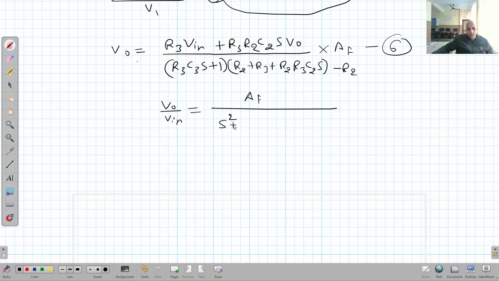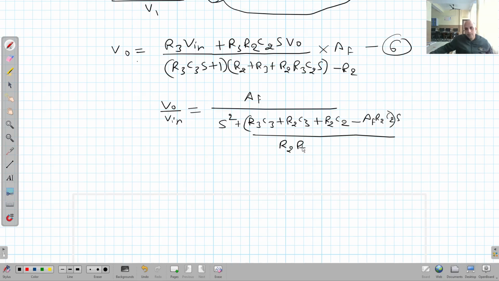AF upon S square plus R3 C3 plus R2 C3, clear, plus R2 C2, plus minus AF R2 C2, clear, into S divided by R2 R3 C2 C3, and here it is plus 1 upon R2 R3 C2 C3, clear.